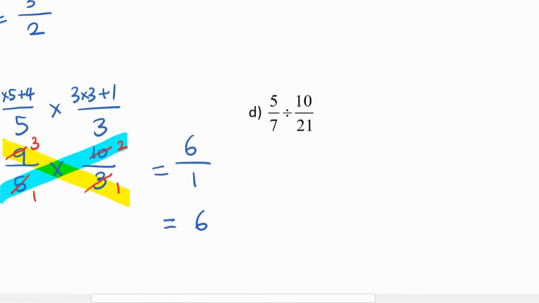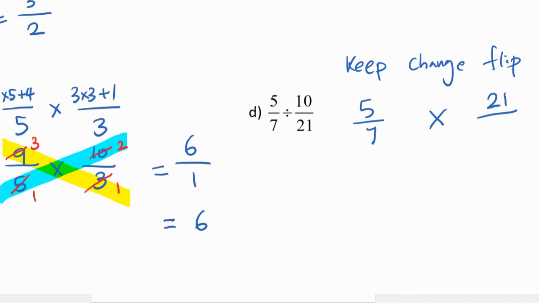Next, now we're going to divide fractions. So here, when you have this kind of problem, when you have division, remember you use keep, change, flip method. Keep the first number, change the division to multiplication, and flip the second number, 21 over 10.